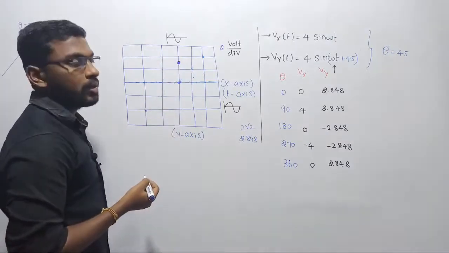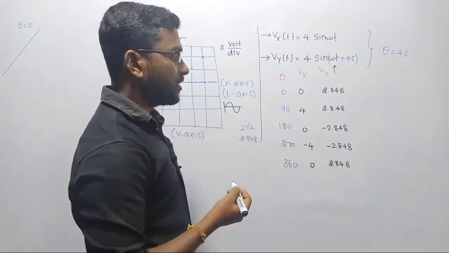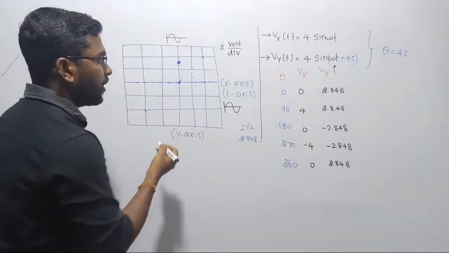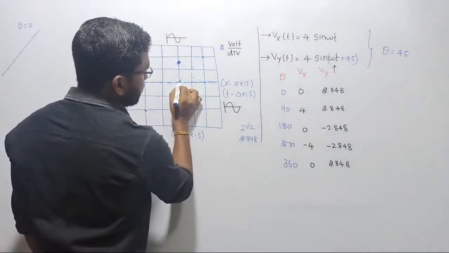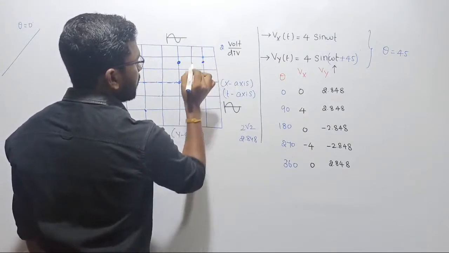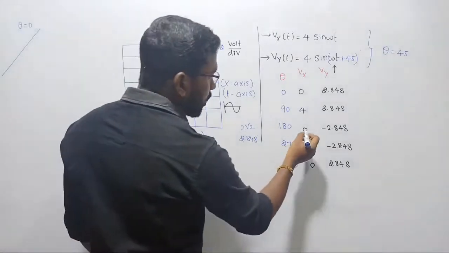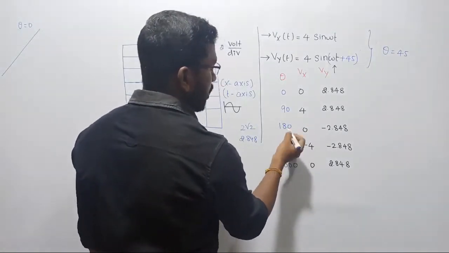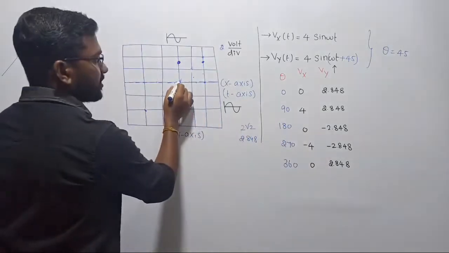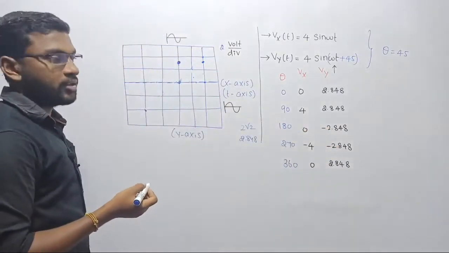First part. Second spot, let us see. X-axis 4, Y-axis is again 2.848, right? See there, X-axis 4, this is 0, 2, 4. Y-axis value is the same, so it will appear somewhere here. Again, let us consider this is at 180, X-axis value is once again coming back to 0, whereas Y-axis value is minus 2.848, right?